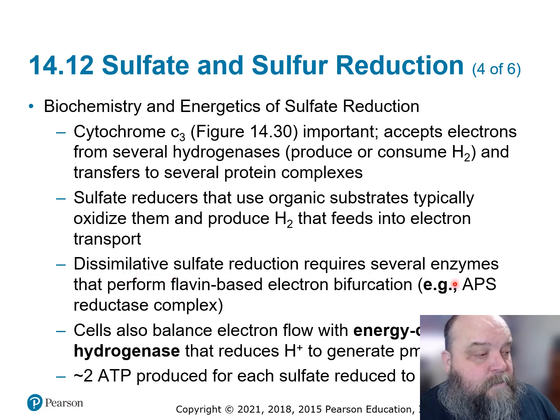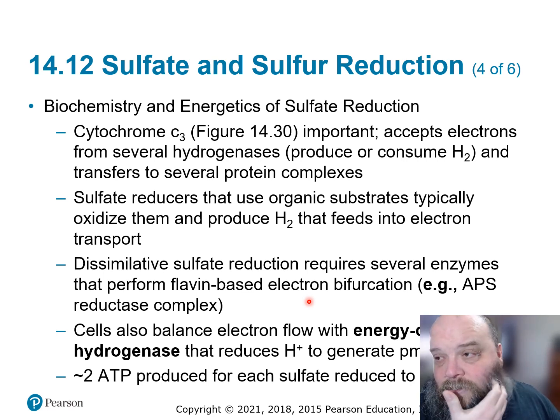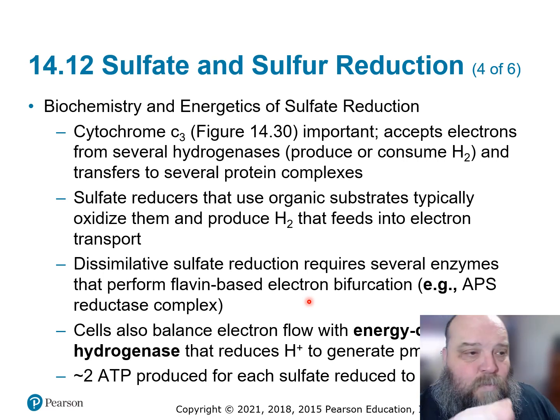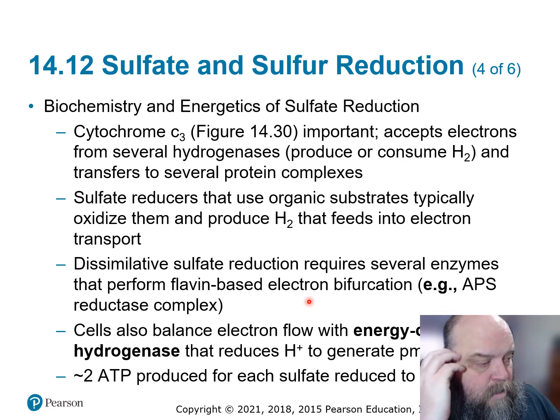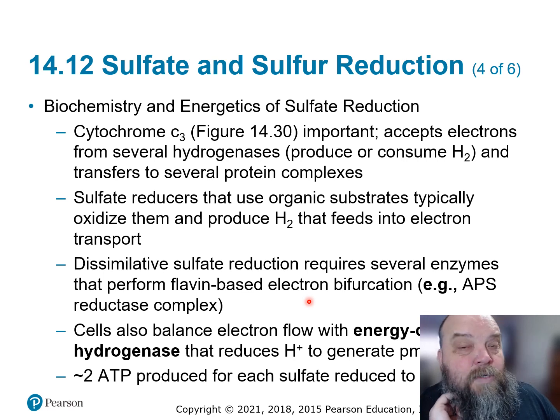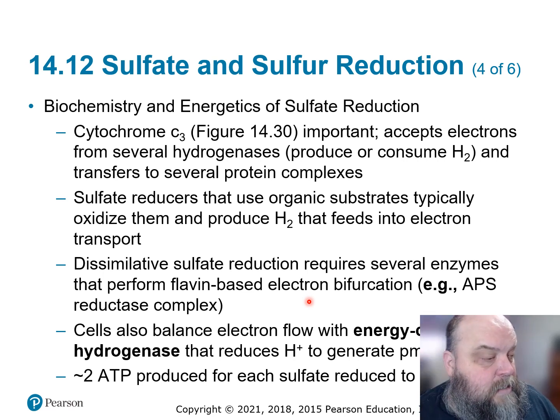Dissimilative reducers that are breaking down are going to use a flavin-based electron bifurcation. We talked about that in a previous section, where things are going to be broken down one way, and then it splits: some of it goes this way, some of it goes there. Exactly which ones, we'll talk about on the next slide.